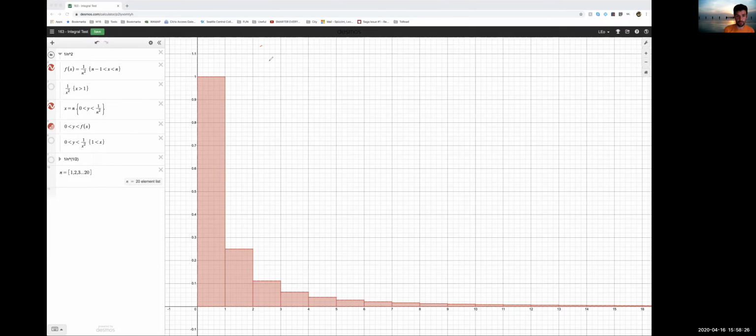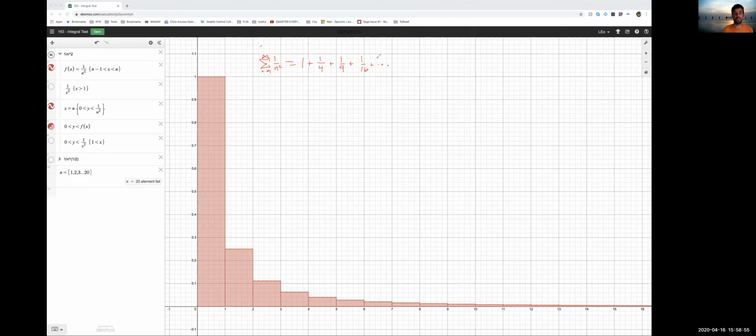So let's write this out. We've got a series, n equals 1 to infinity of 1 over n squared. Let's write out what this would look like. We've got 1 over 1 squared plus 1 over 2 squared plus 1 over 3 squared, and on and on and on.